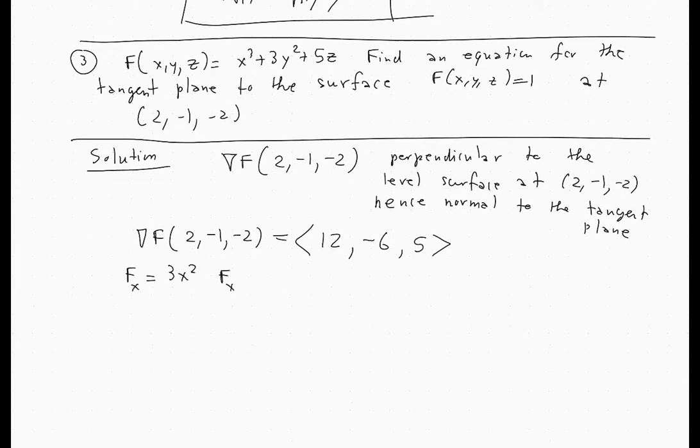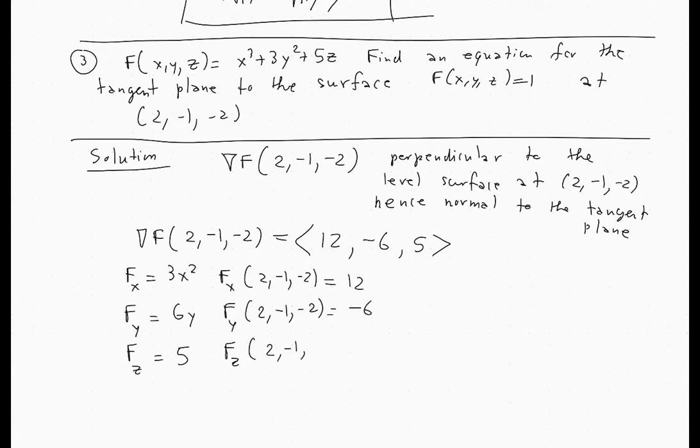F sub y is 6y, which means that f sub y at (2, -1, -2) is negative 6, and f sub z is simply 5, which means that f sub z at (2, -1, -2) is equal to 5.